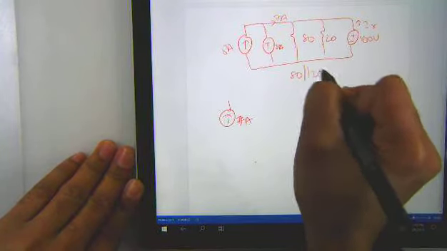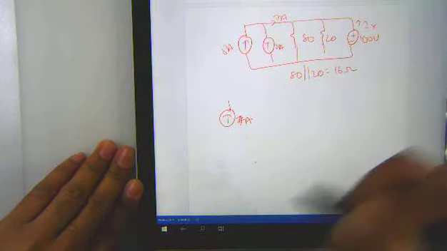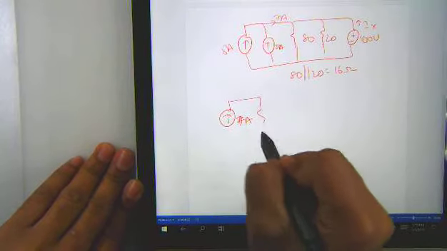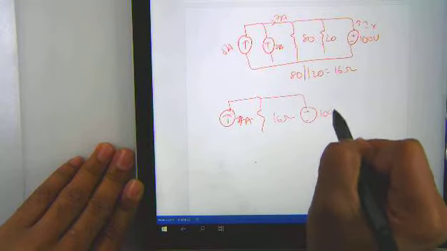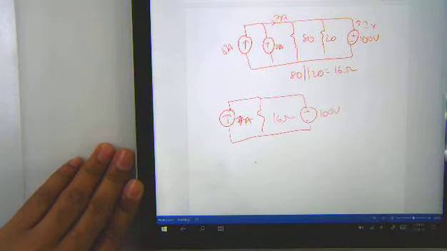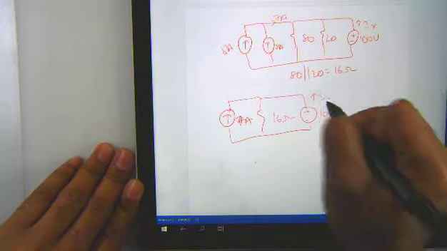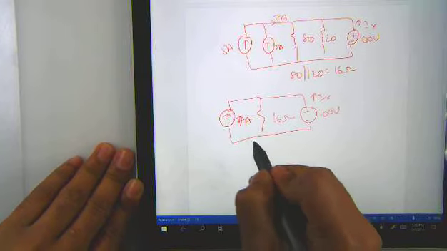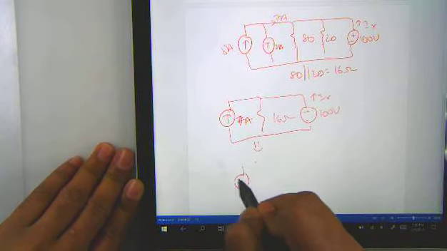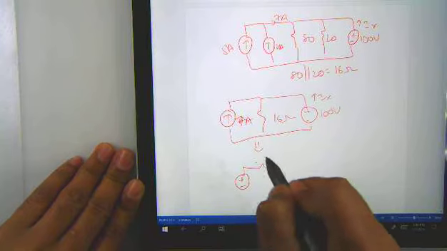80 parallel with 20, that's 16 ohms. So I'll end up with 16 ohms there. Okay, 100 volts there, and that's what it is. Still my goal is finding Ix. Okay. Now I can transfer this into a voltage source in series with resistor.